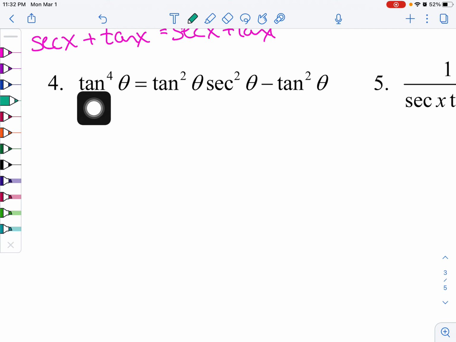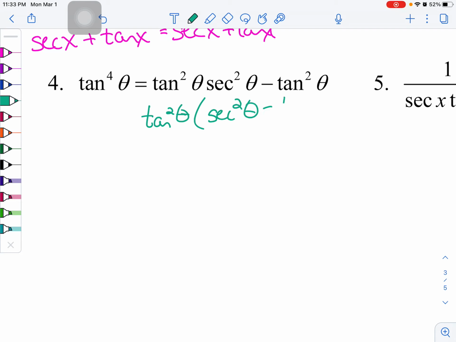As you do more of these, you get to recognize certain things that you aim for. For this particular problem, I'm not exactly sure how to turn tangent to the 4th theta into this side. So I feel like I'm going to work with the right side here. I have tangent squared theta that I can factor out.